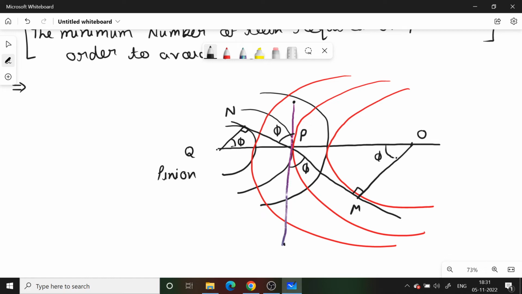Let the radius of addendum circle of the wheel be capital R, and the radius of addendum circle of pinion be small r.